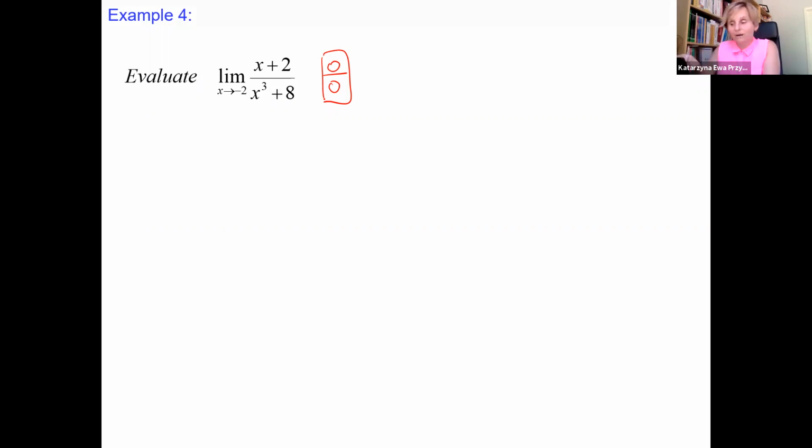Okay, let's find out this common 0. Negative 2 is not in the domain. Okay, limit as x goes to negative 2, x plus 2.